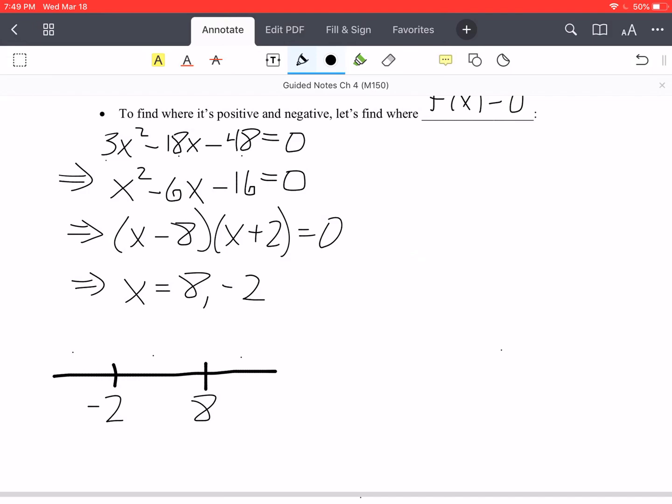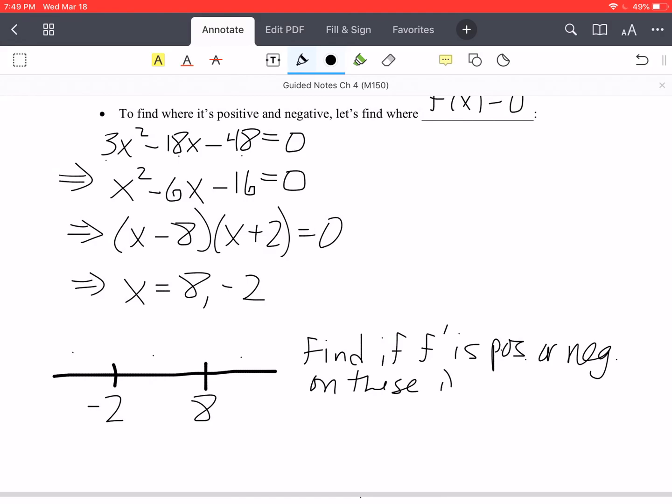So we need to find if f prime is positive or negative on these intervals. So what we're going to do is just pick a sample point.